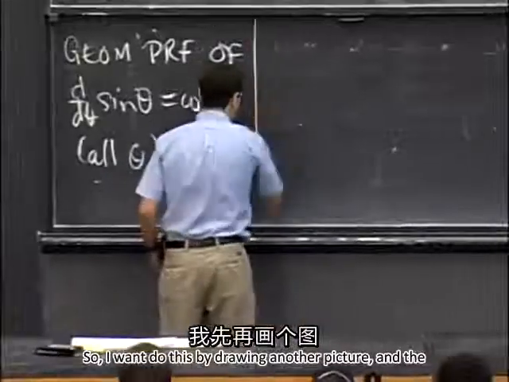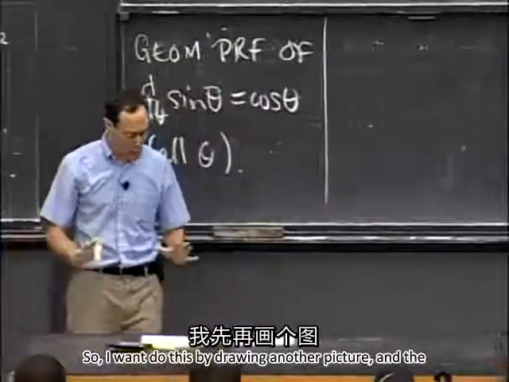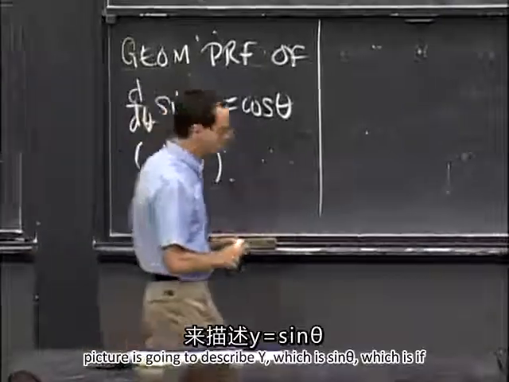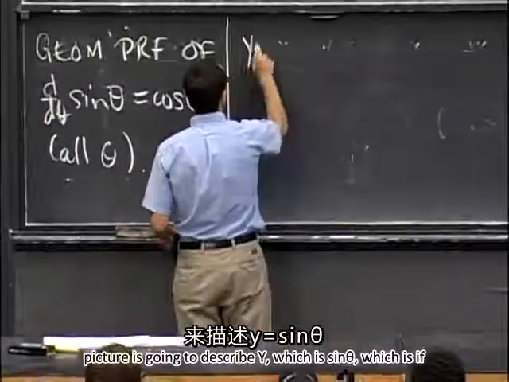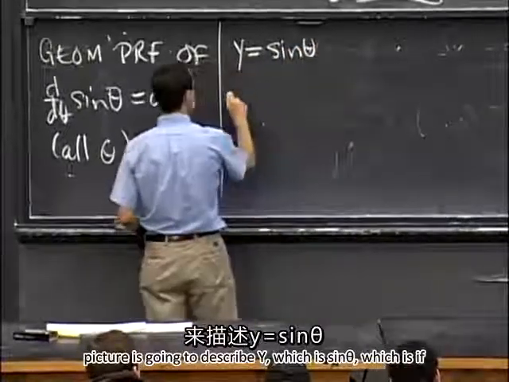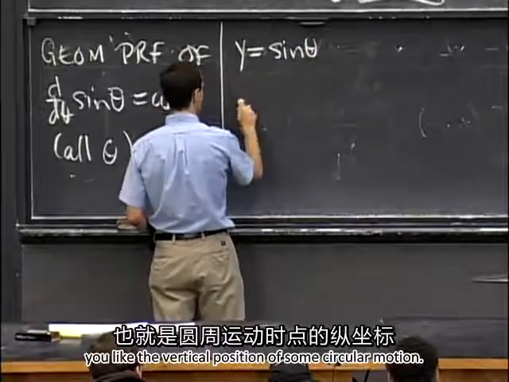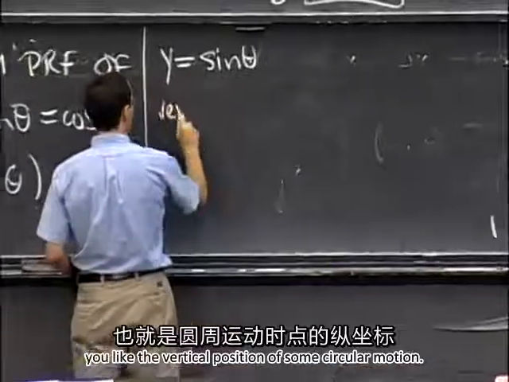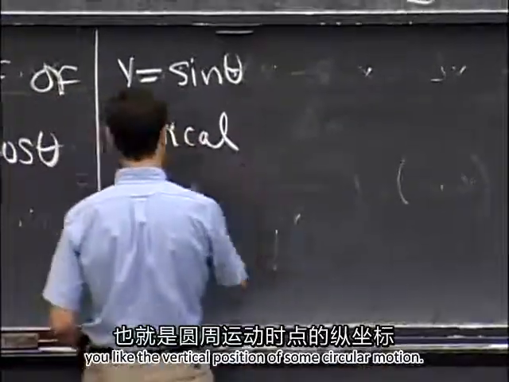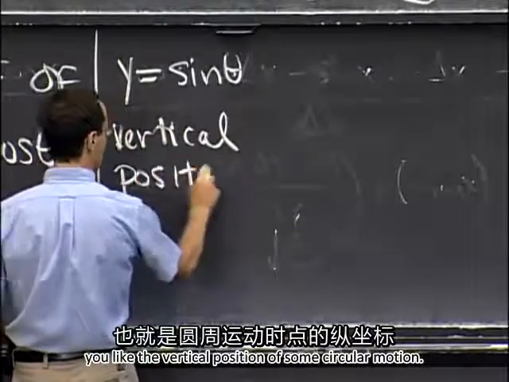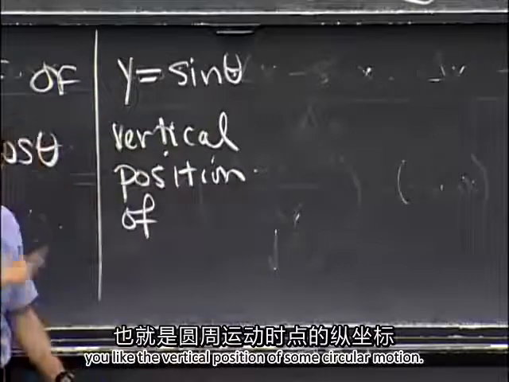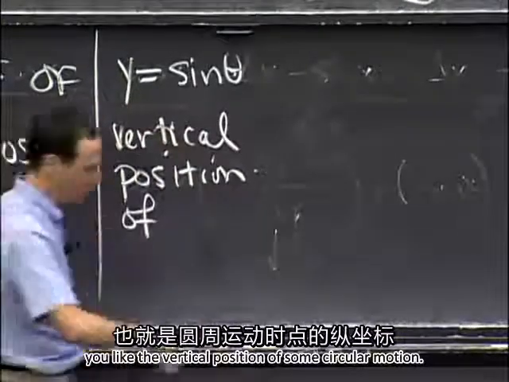So I want to do this by drawing another picture. And the picture is going to describe y, which is sine theta, which is, if you like, the vertical position of some circular motion.